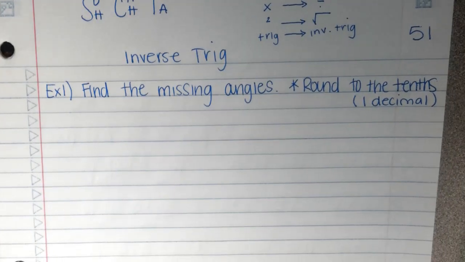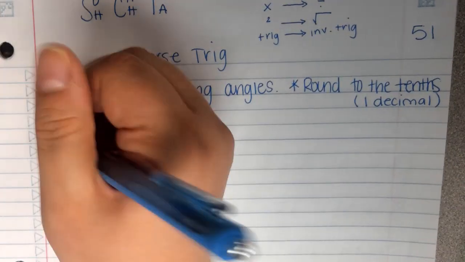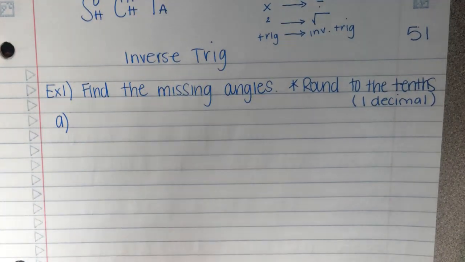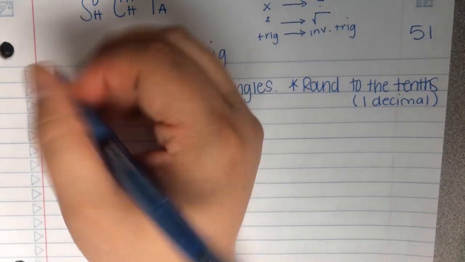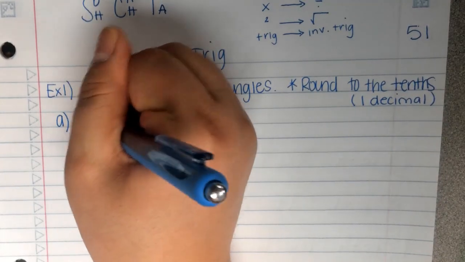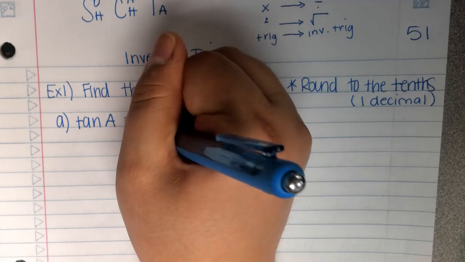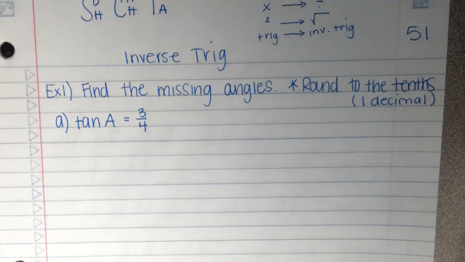All right. Y'all ready? We're finding the missing angles, and the first one we're going to do is tan A equals 3/4. How do I find this missing angle?